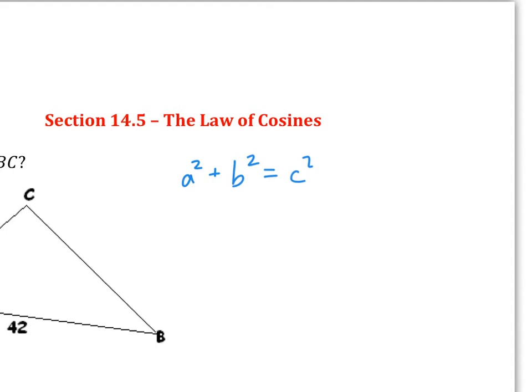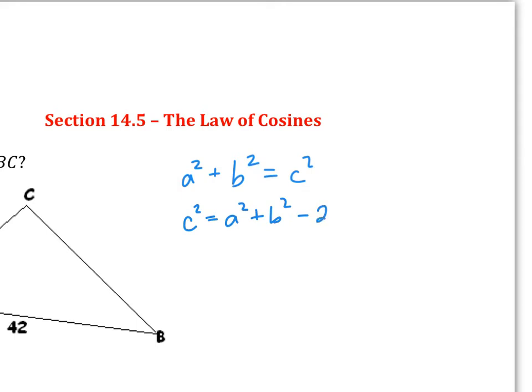To write the law of cosine, we are writing it in Pythagorean theorem format, but we're going to change it around a little bit to write c squared first and then a squared plus b squared. Okay, so this is the Pythagorean theorem, and we can only use it on right triangles. And since this is not a right triangle, we're going to have to subtract out the part that's making it not a right triangle.